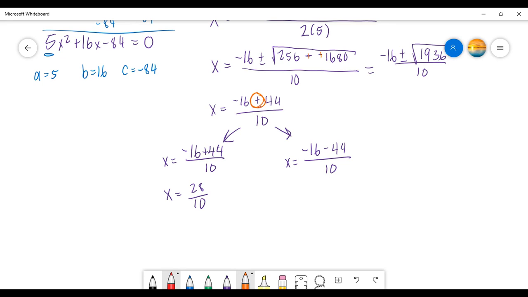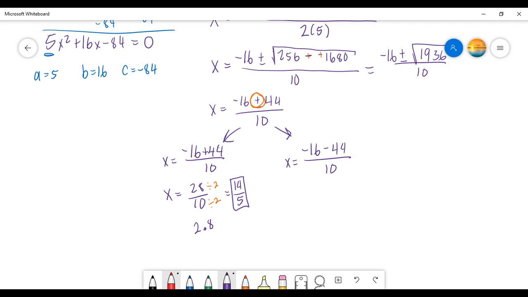We can simplify that a little bit. If we divide the top and the bottom, numerator and denominator, by 2, we would get 14 over 5. So 14 fifths. If you prefer decimal, that would have been 2.8. Okay, so x can be 14 fifths or 2.8.